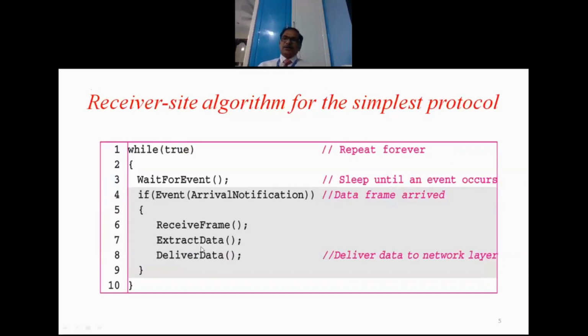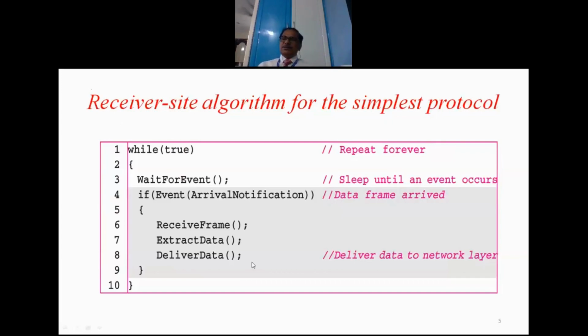Extract data means the payload part is taken; the header part and trailer part are removed, the remaining part is the data, and that will be handed out to the network layer. That is deliver data. So there are only three basic functions: receive the frame from the physical layer, extract the data, and hand over the data to the network layer. So three simple steps at the receiver site of the data link layer.